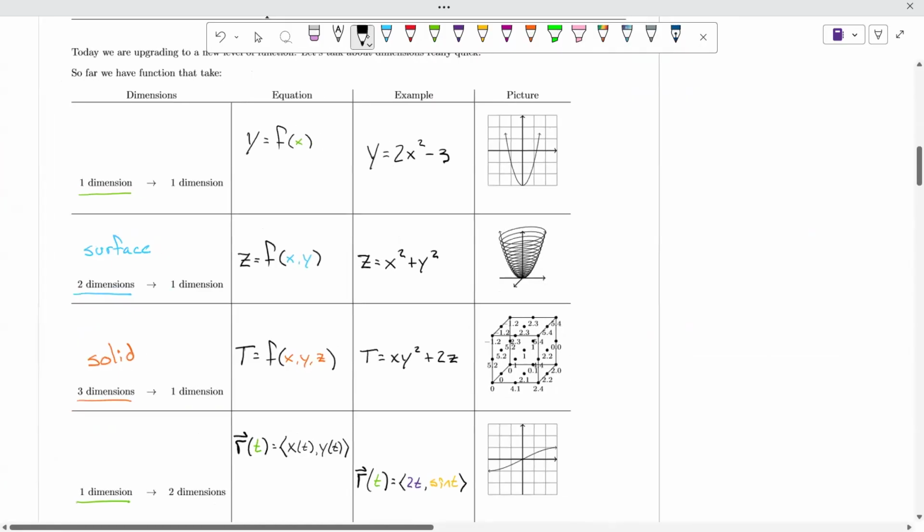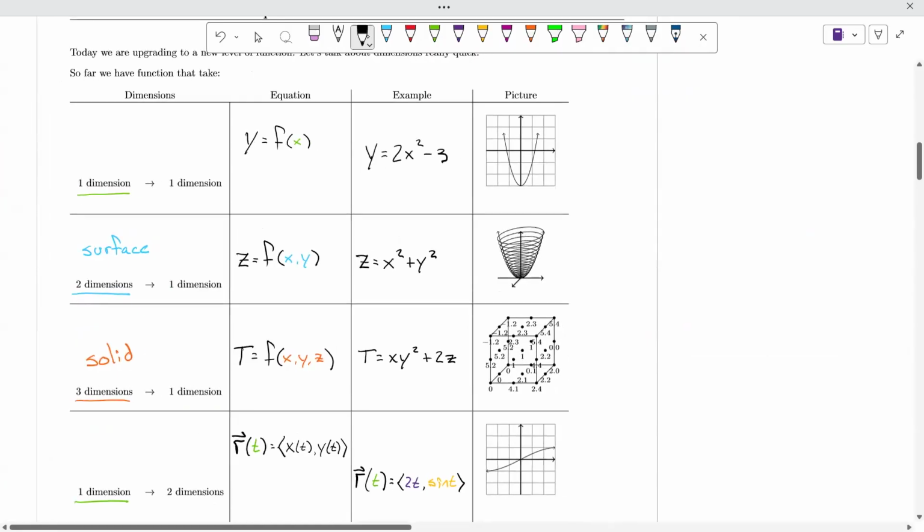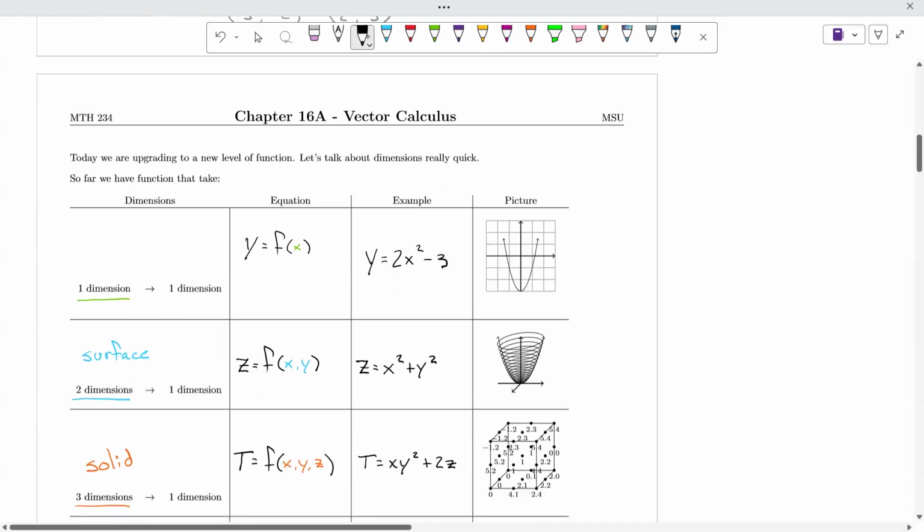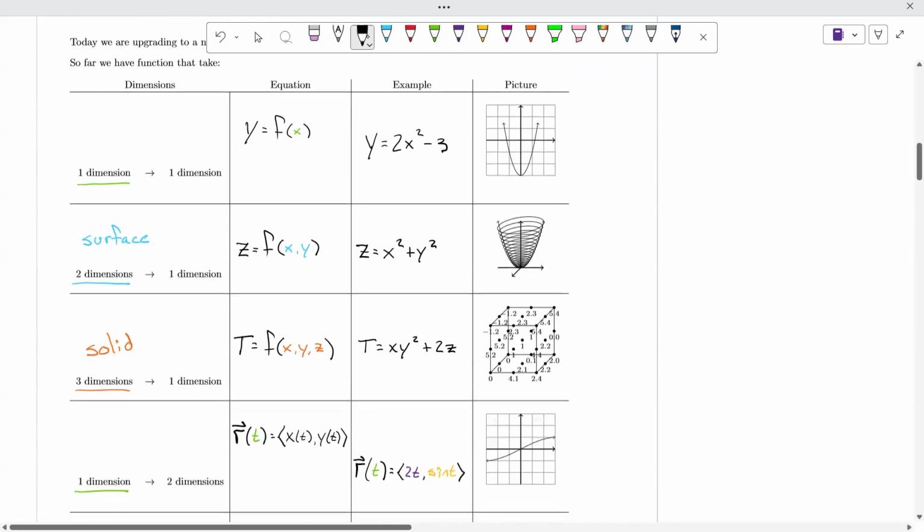Then a quick overview that would have been covered in the pre-class video, looking at functions that take us between different dimensions, the first three at least. So starting by looking at all of the functions that go to just one dimension.